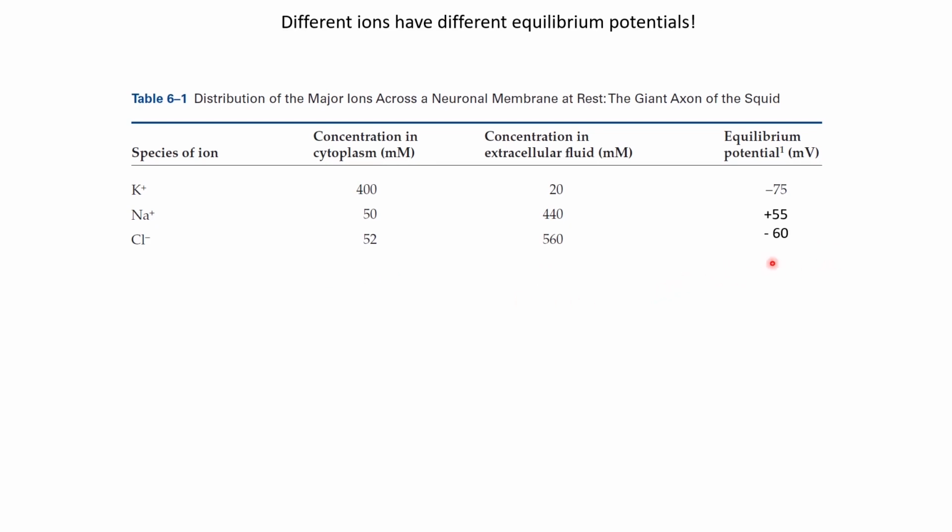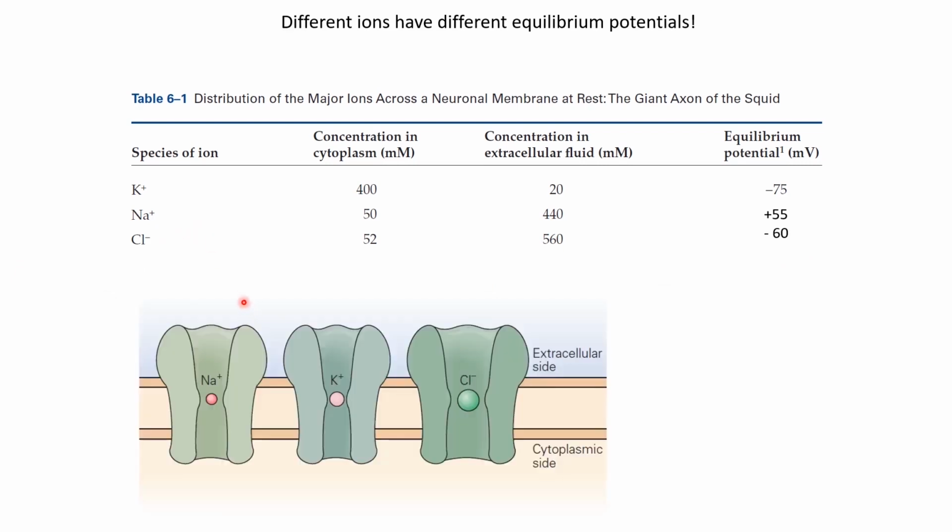If there is a driving force on chloride, then chloride ions will move through the chloride channels. Similarly, if there is a driving force on sodium, then sodium ions will move through the sodium channels, and so on. So in a real membrane, we will have all types of channels embedded: sodium channels, potassium channels, chloride channels, and so on.